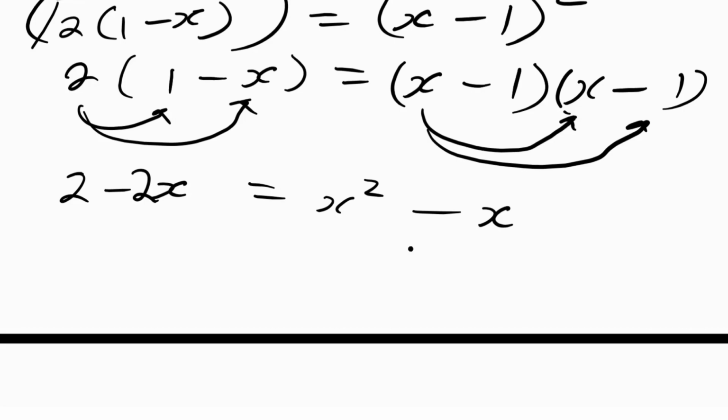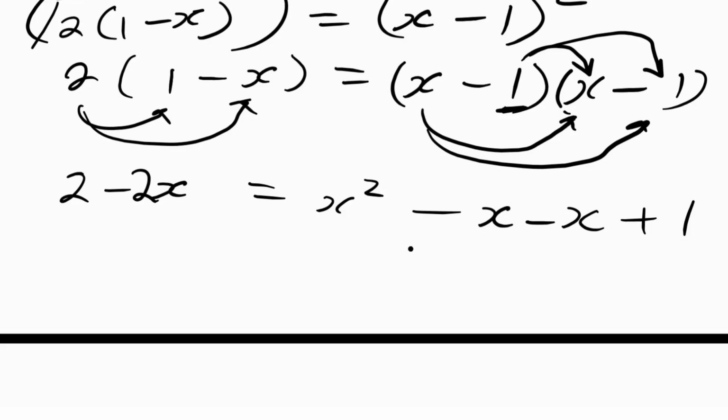Then this one will multiply here and multiply this side. So remember, a number always goes with its sign on the left, which is this one. So it's minus 1 times x, which is minus x. Then it's minus 1 times minus 1, which is plus 1, right?